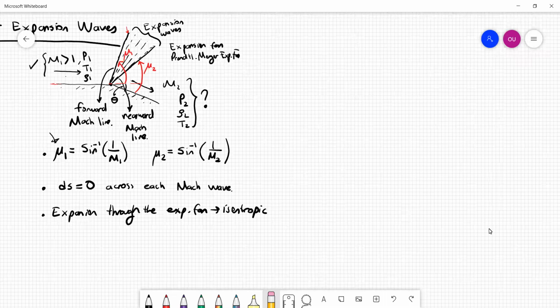when a supersonic flow, instead of going through a compression, where we have normal or oblique shock waves, has to go through a geometrical disturbance such that the gas needs sudden expansion.